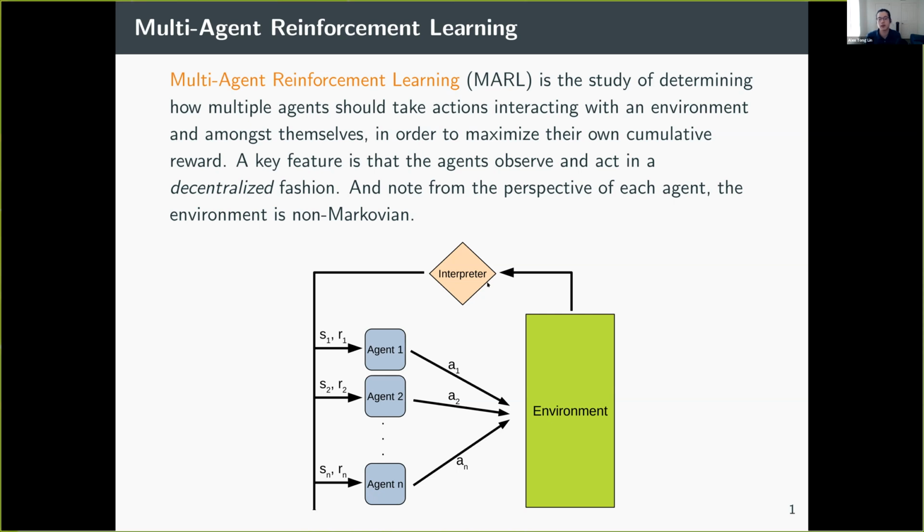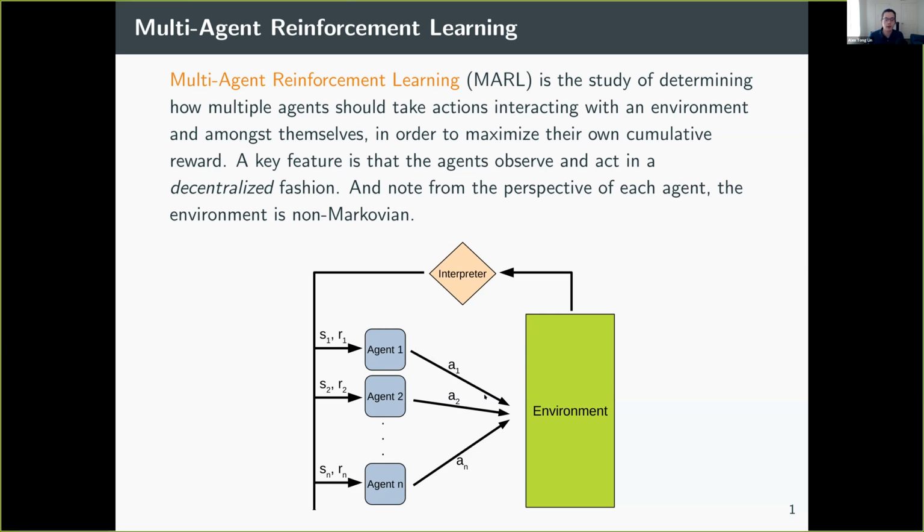In single agent reinforcement learning, you have an agent that receives a state and reward, and then takes an action that goes through the environment, and then receives the state and reward again. But in multi-agent reinforcement learning, we have multiple agents that each receive their own state and rewards, and they also take their own actions.